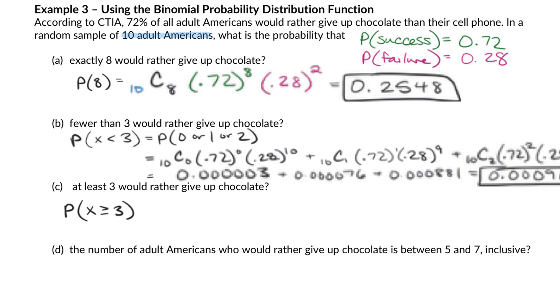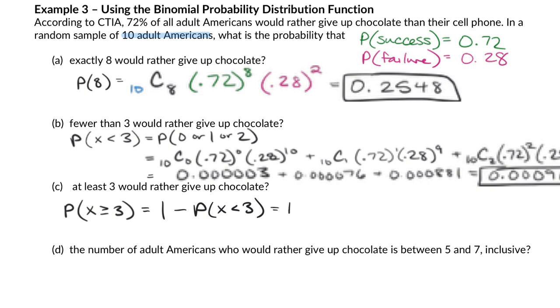What is the opposite, or shall I say the complement, of x greater than or equal to 3? Just less than, right? Yes. Didn't we just find x less than 3? So we can find the probability that it would be greater than or equal to 3 if we do the complement and we do 1 minus the probability of x less than 3, which we just found in the other problem. And I don't have to sit here and add together 8 different binomial probability formulas.